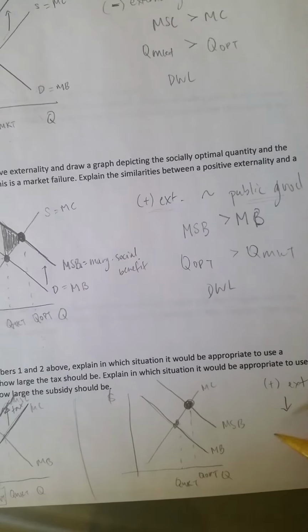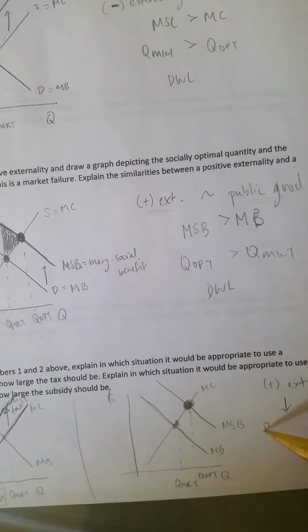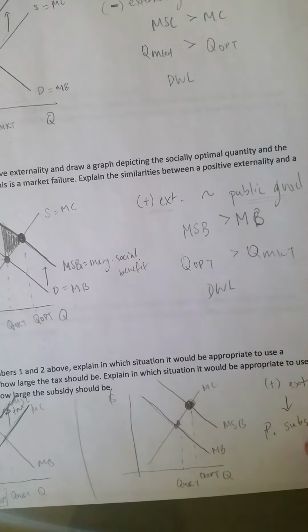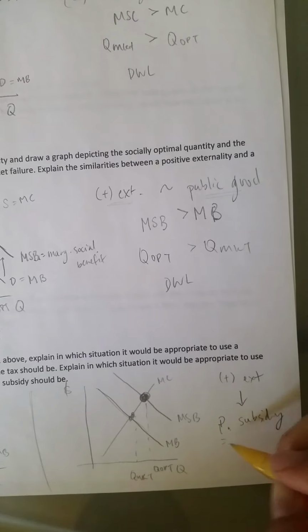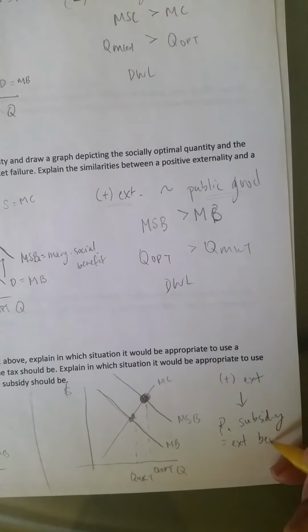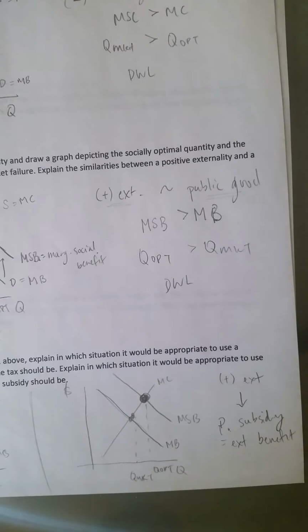So instead of taxing, we're going to offer a subsidy to try to encourage more of this activity to happen. With a positive externality, we're going to give a Pigouvian subsidy, and that should be equal to the amount of the external benefit. If there's some spillover benefit, we want these individuals to feel the benefit so they end up doing more of this activity, leading us to the socially optimal quantity.